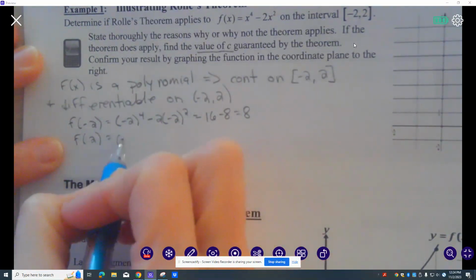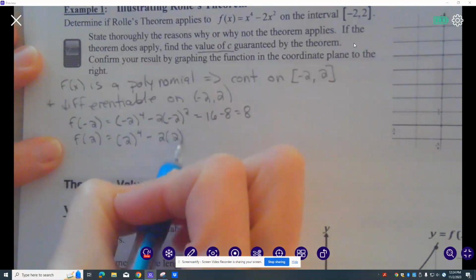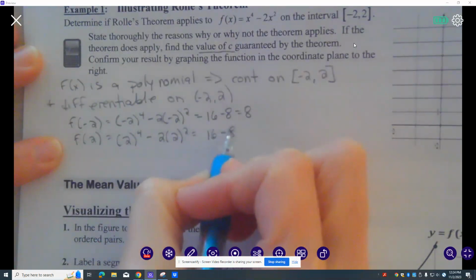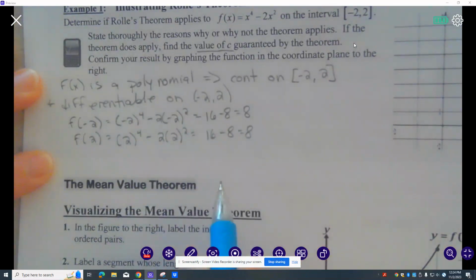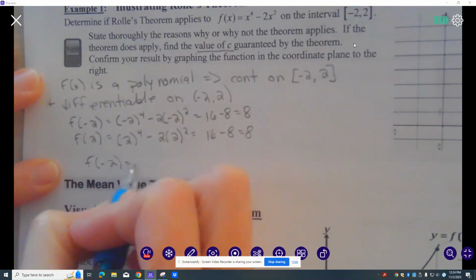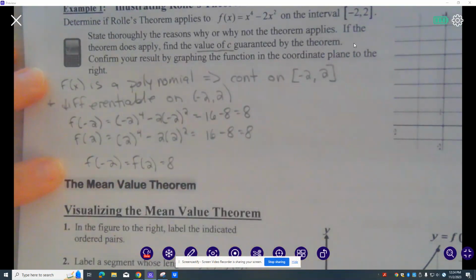F of +2 would be 2 to the 4th minus 2 times 2 squared, which again is 16 minus 8, which equals 8. So this is f of negative 2 equals f of 2, and they both equal 8. This is the two y values, or f of a equals f of b.